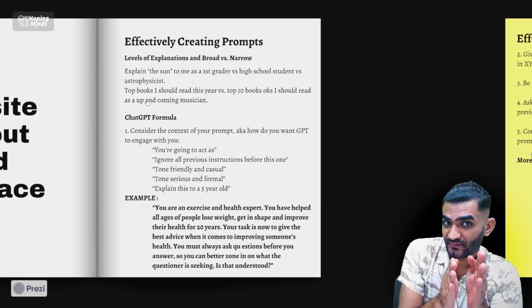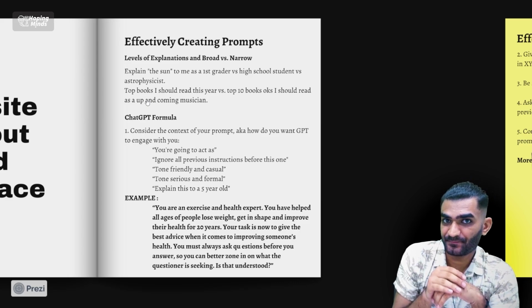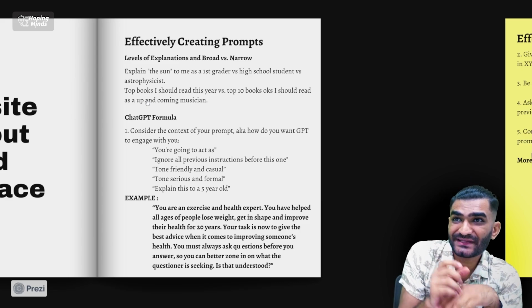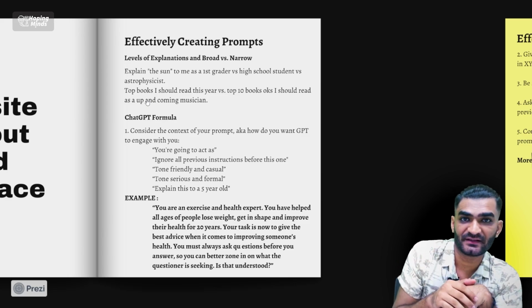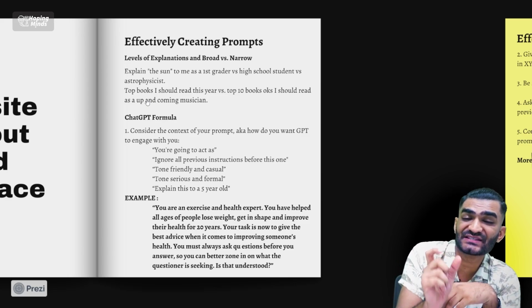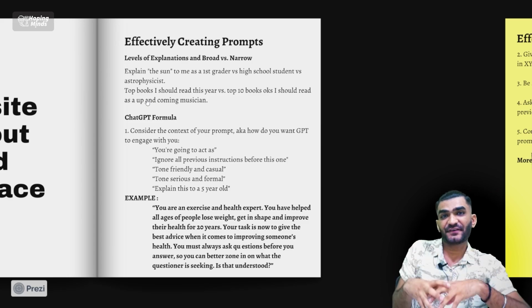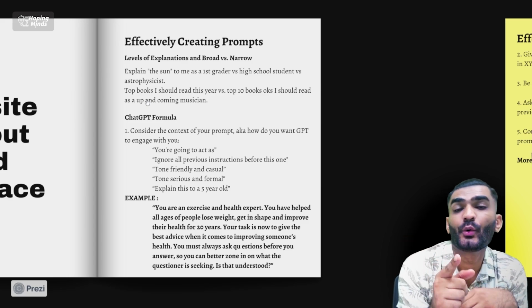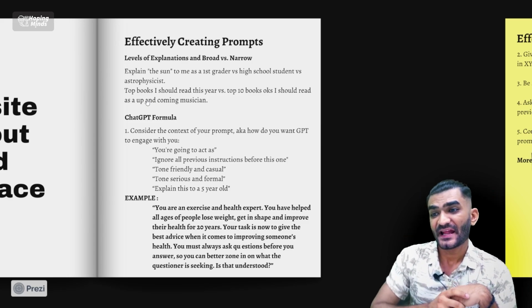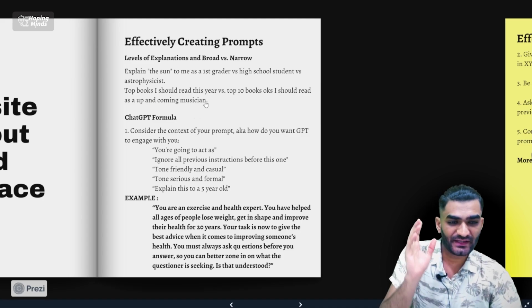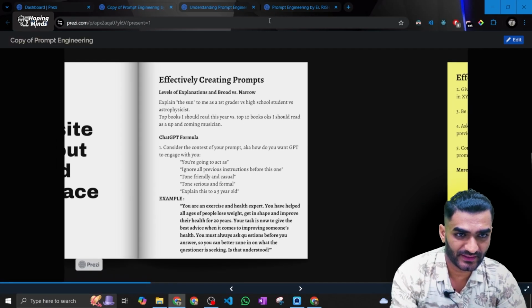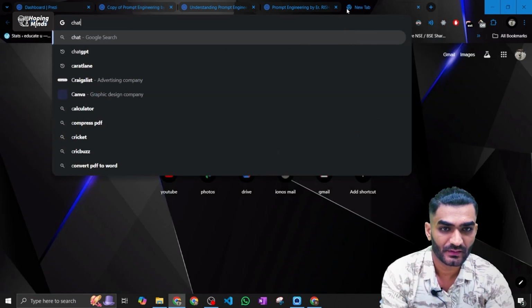The sun with respect to the first grader, the high school student, and the astrophysicist: everybody has their own definition. Let us not go theoretically, let's go live.